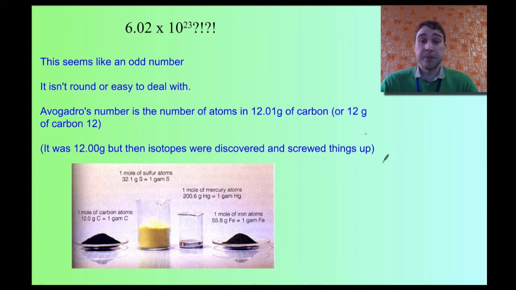In this picture, a mole of carbon is 12.01 grams, sulfur is 32.1 grams, mercury is 200.6 grams, and iron is 55.8 grams. They all take up different space, but each contains 6.02 times 10 to the 23 atoms.